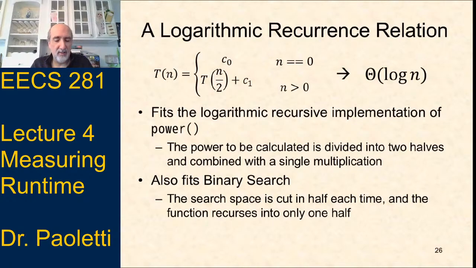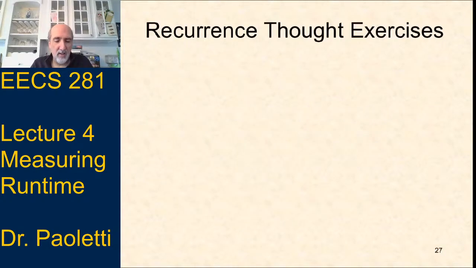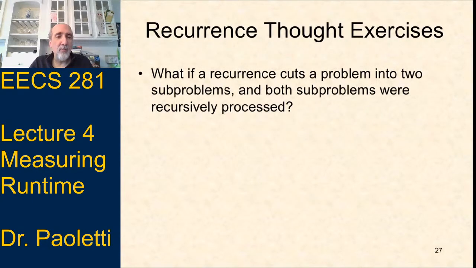Okay, so, for example, what if we've got a recurrence relationship that cuts a problem into two parts, but both subproblems have to be recursively processed? Well, this one cut it into two halves and only solved one of them. This would be something like T of n is equal to T of n over 2 plus T of n over 2 plus some other amount of work.